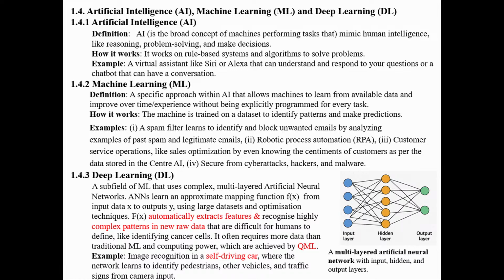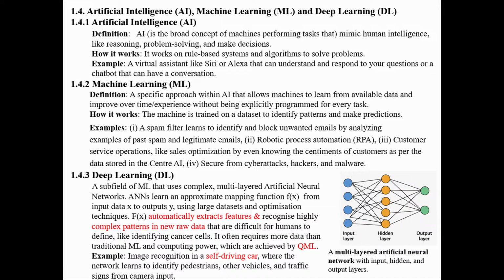Okay, and then like that, robotic process automation, customer service operations, sales optimization, even knowing the sentiments of customers as per the data stored in the central AI. What is that actually? Suppose a person purchases bread, milk, etc., he may also try to purchase a jam bottle. So it can know the sentiments of the customer.